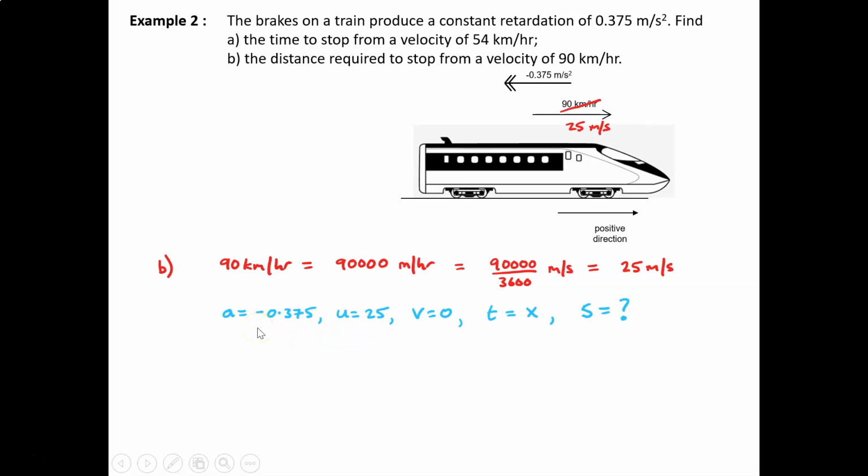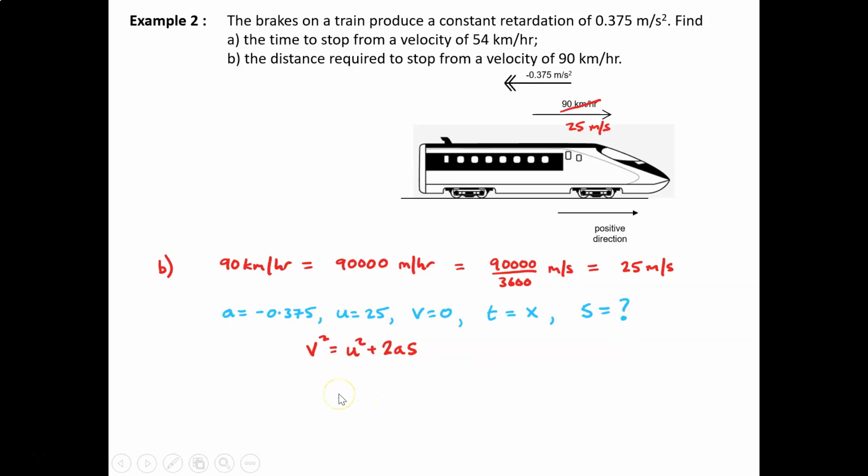Our acceleration is the same retardation, so minus 0.375. Distance required to stop, so v is 0. t, I don't want and I don't need to find, and I'm not interested in. Therefore, I can ignore t, and I need to find s.